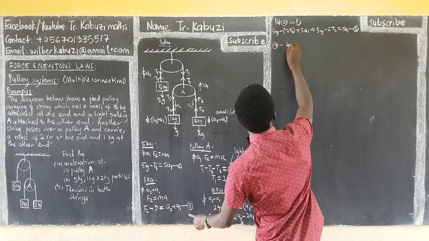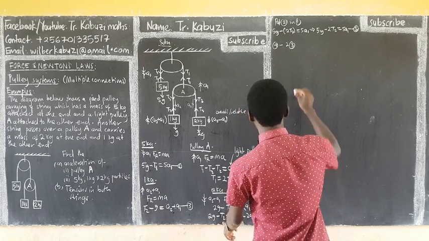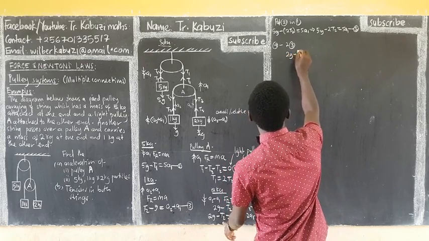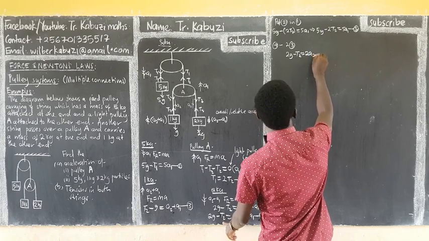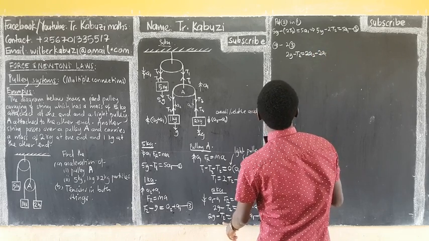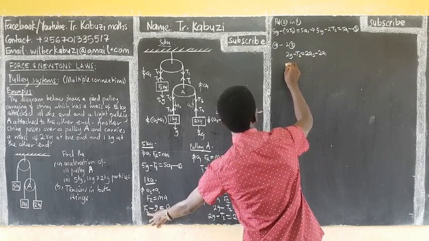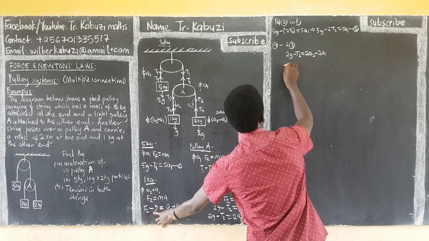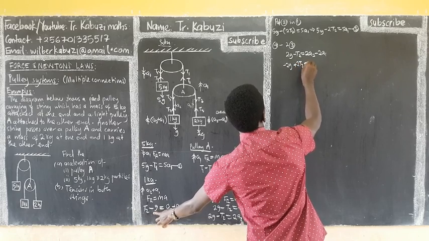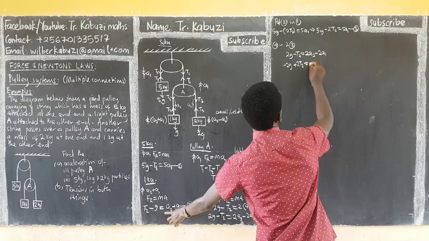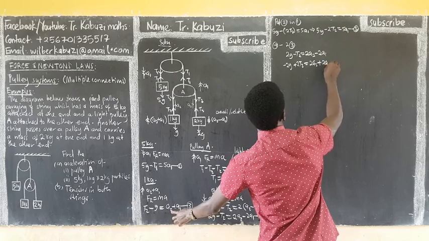So equation 4 is 2g minus 2T2 equaling to 2a2 minus 2a1. Multiplying equation 3 by 2, we shall get 2T2 minus 2g equaling to 2a2 plus 2a1.